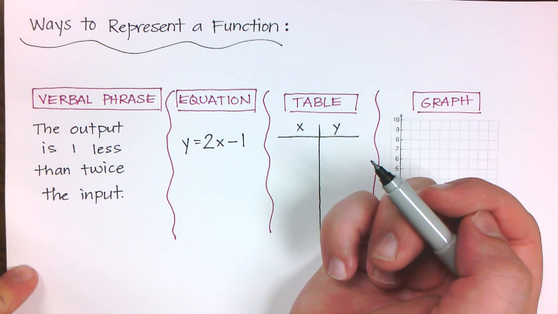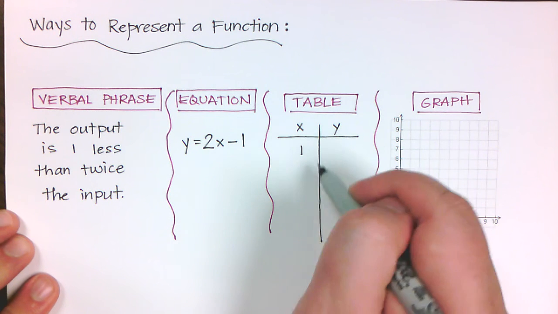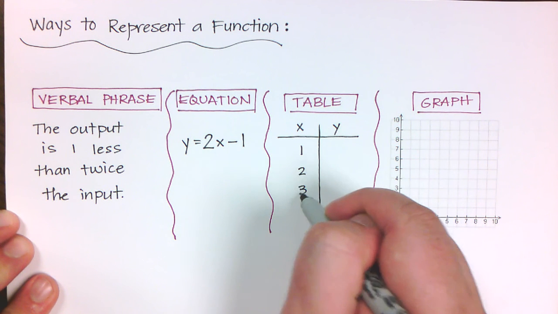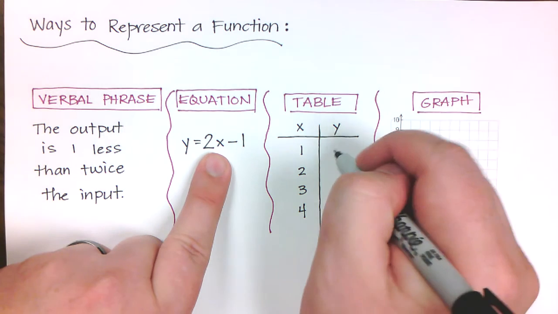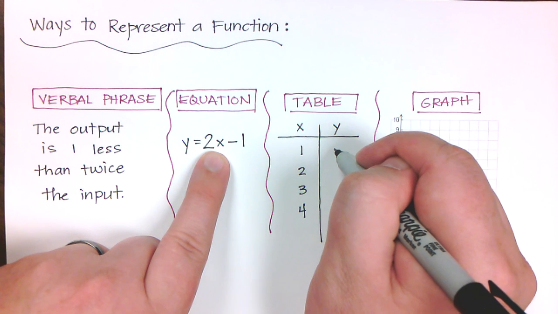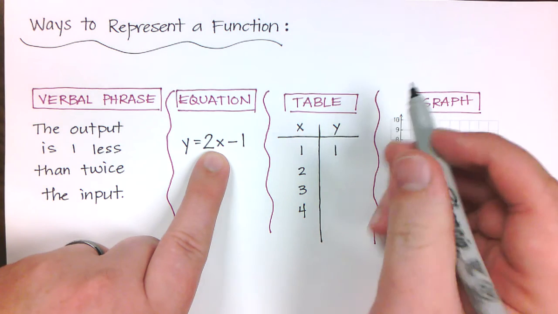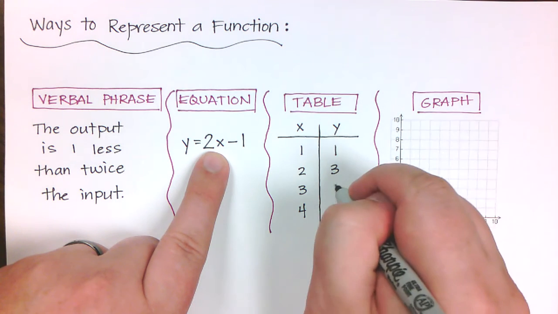Okay, this could be represented in a table if I chose some values, let's say 1, 2, 3, and 4, and I plug those values into my equation, then I would get 2 times 1 is 2, minus 1 is 1. 2 times 2 is 4, minus 1 is 3. 2 times 3 is 6, minus 1 is 5.